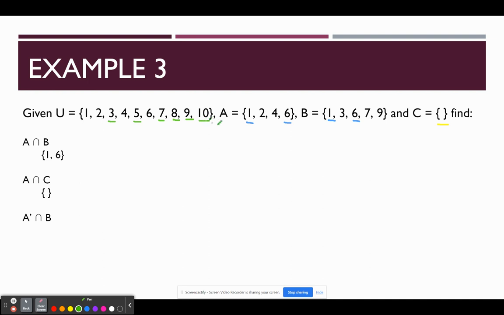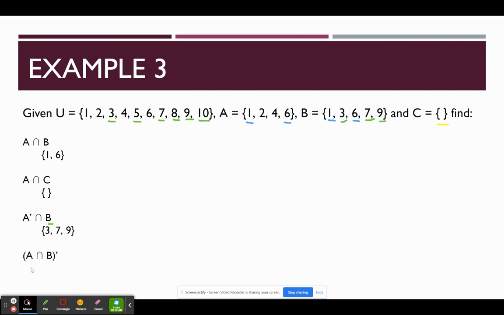But we're also looking for their intersection with set B, so they have to be in both. You can see 3 is in both, 7 is in both, and 9 is in both. So for this example, 3, 7, and 9 are the ones that are in the intersection of the complement of set A and set B. Ooh, a lot of words. Hopefully it makes a little bit of sense.